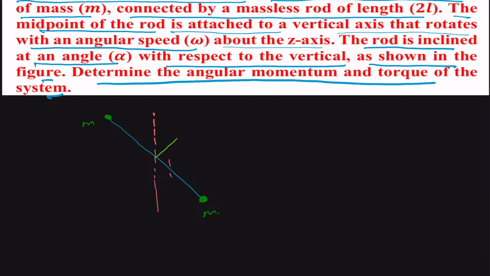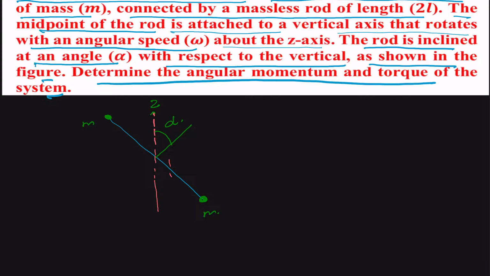So this is our z-axis and we are having alpha angle here. In this case we have to find out our angular momentum and the torque of the system.